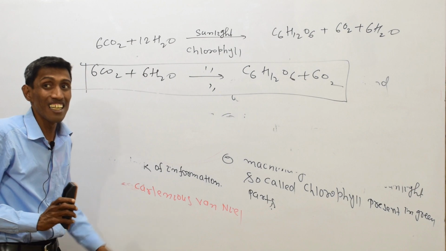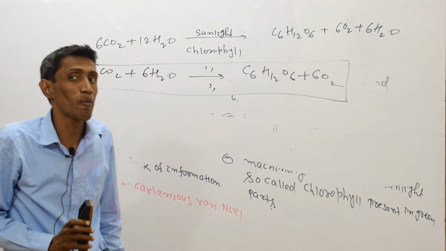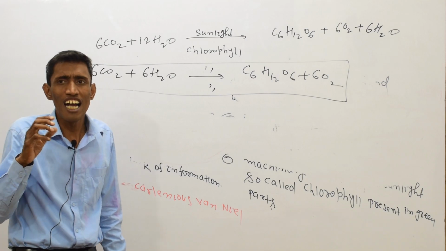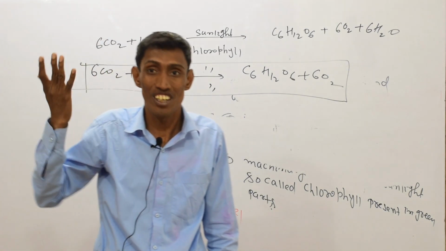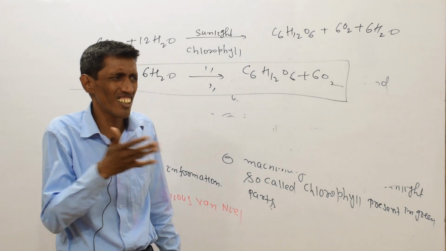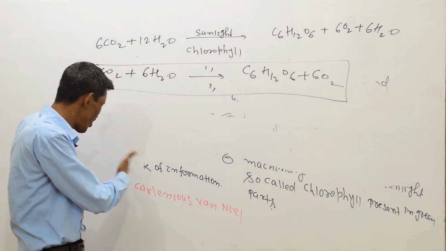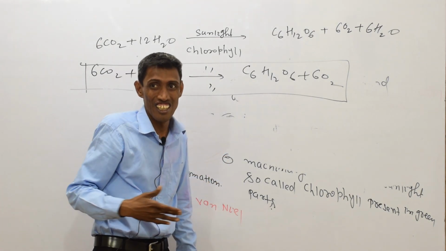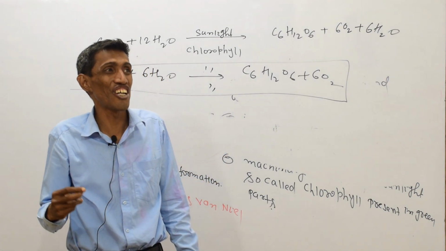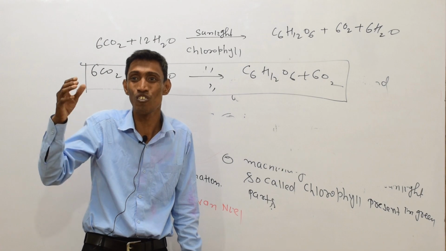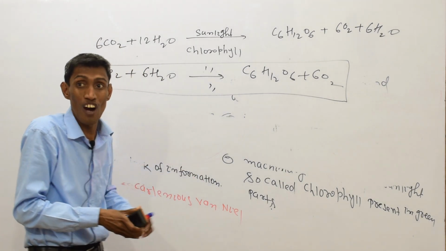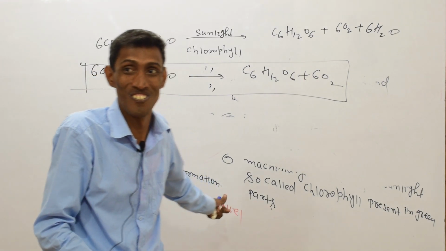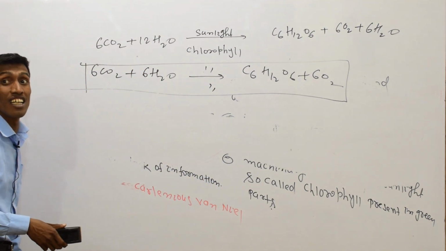So for that he used the radioisotope technique, and at that time isotopes had been discovered, and it is just the work of World War II. The whole country and the whole world was busy in the war, and using radioisotopes as weapons, he used them in the experiment, and that was oxygen 18.